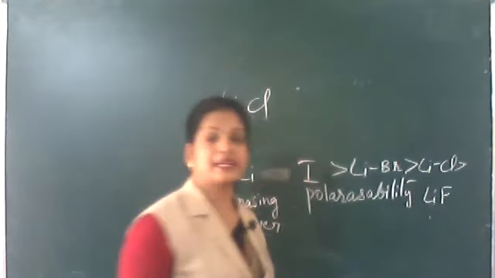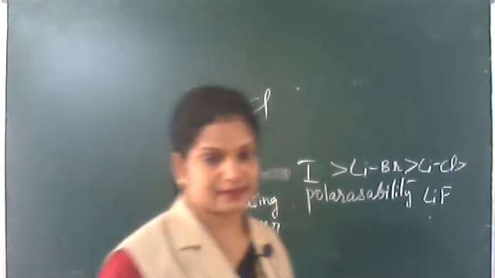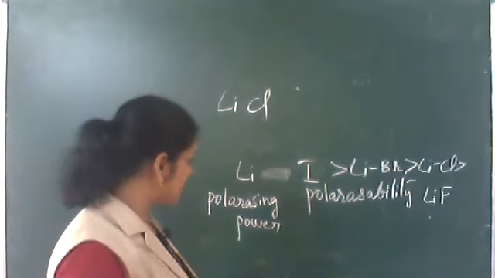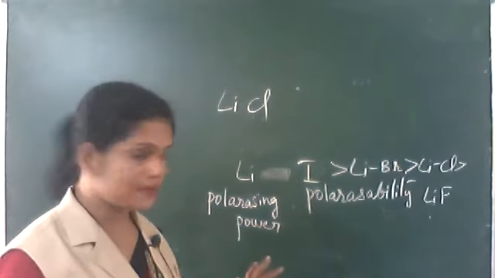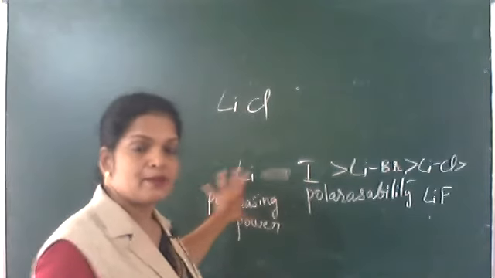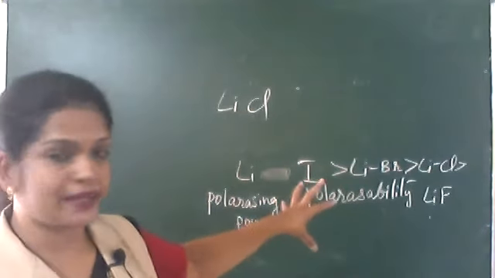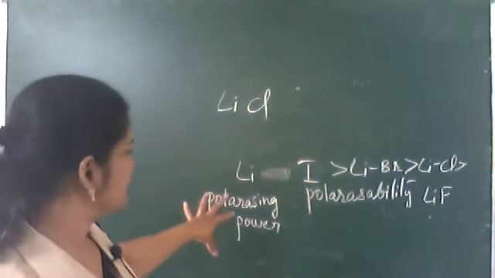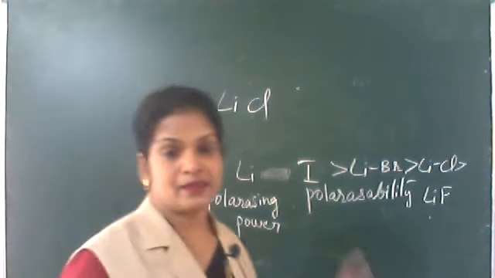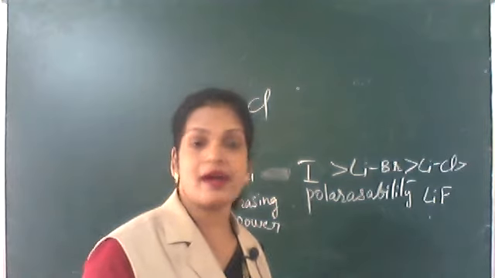This is the decreasing order of covalent character. So polarizing power should be high. Polarizing power of the cation, polarizability of the anion, and the extent of polarization decide the covalent character of an ionic bond.